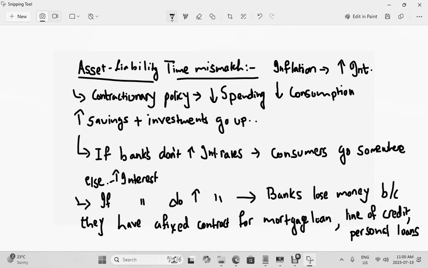However, banks may not be able to raise the interest rates based on inflation, current market conditions and current events, if they have a fixed contract, when it comes to your mortgage, your line of credit, as well as personal loans. So this fixed contract may have a fixed interest and a fixed term, as a result of which they won't be able to raise the interest rates right away. It may take about 5 years, 6 years for them to raise their interest rates for certain consumers, for businesses, for people who they deal with, right?